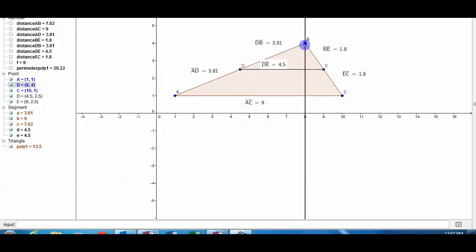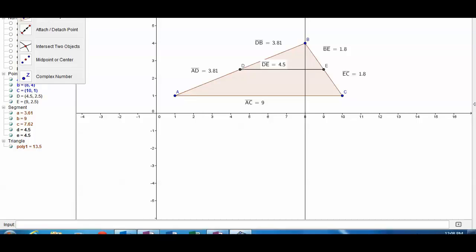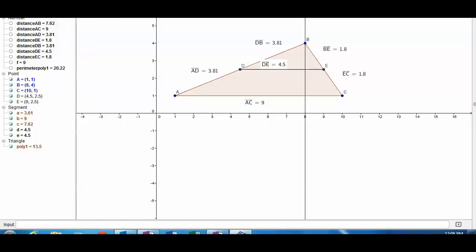So there we can calculate the height of this triangle through B to the line segment AC, because this angle here is perpendicular. So if I create a point where this line segment intersects AC, that distance to B is the height of the triangle.